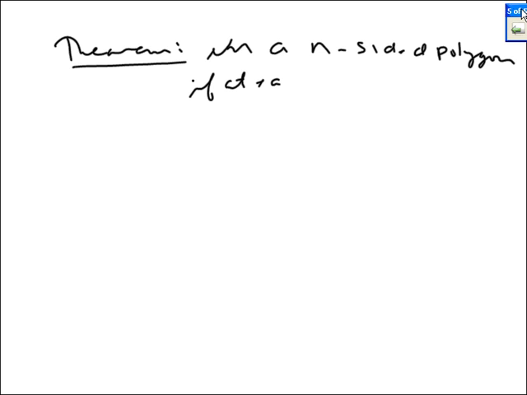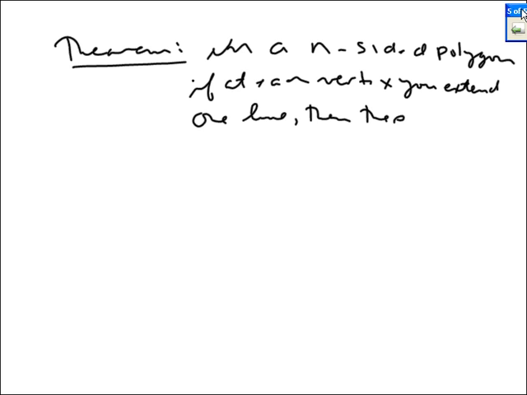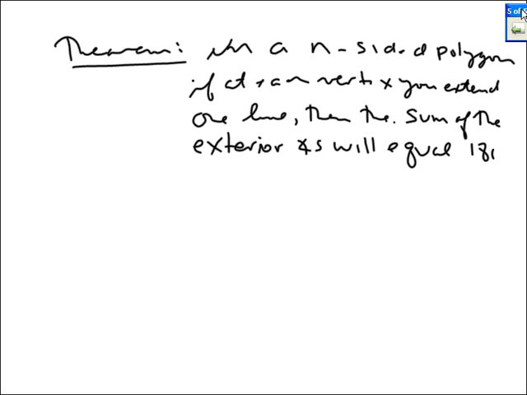If at each vertex you extend one line, then the sum of their exterior angles will equal 360 degrees.